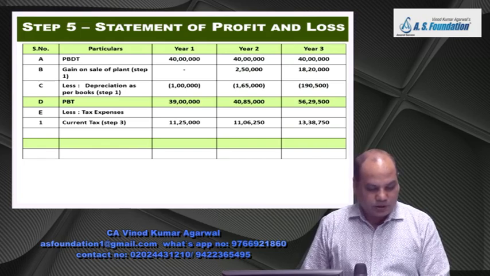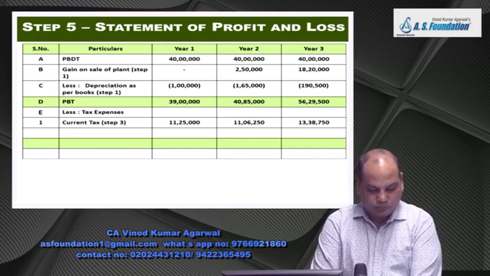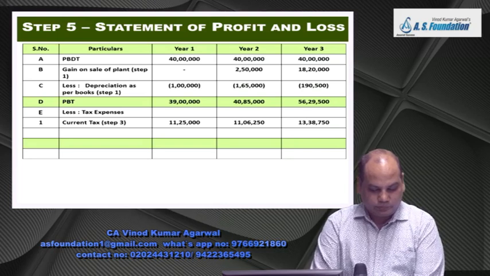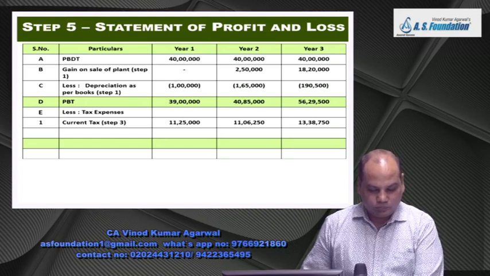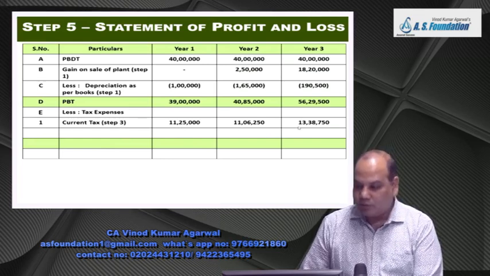Under tax expense, write current tax. Where is current tax? Step 3. 11,25,000, 11,06,250, 13,38,750.